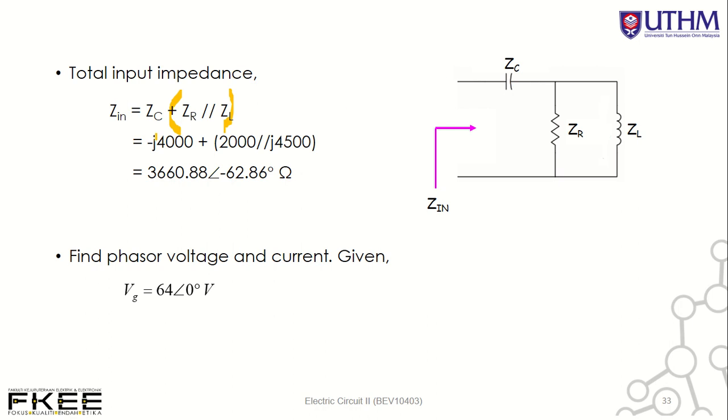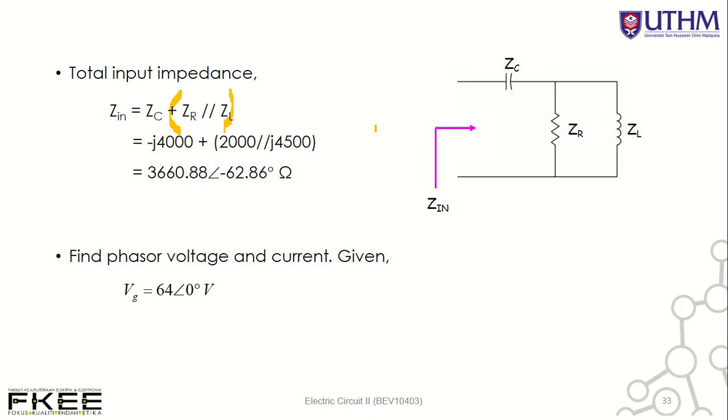So ZC plus ZR in parallel with ZL. You solve for the parallel of ZR and ZL: 2000 inverse plus j 4500 inverse, and then you inverse again, and then you add this one, and then you can get this answer. That's the faster way to determine impedance in parallel.